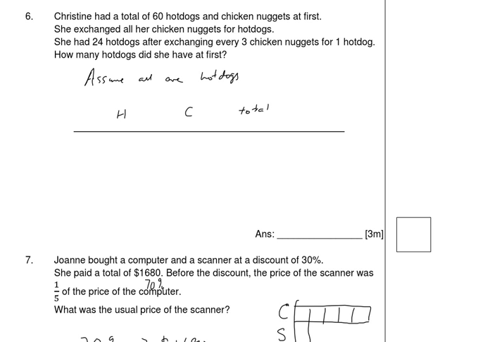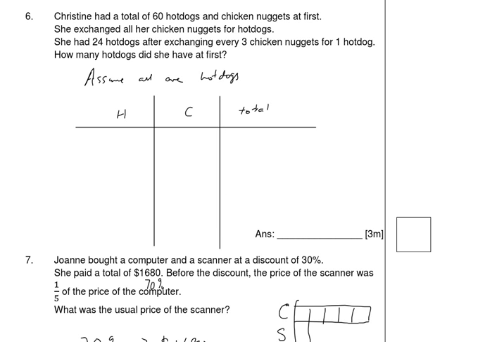Okay, so we assume all are hot dogs. After exchanging all my chicken nuggets for hot dogs, the total will be 24. But if I decrease my hot dogs by 1, how many chicken nuggets will I have? 3, right?